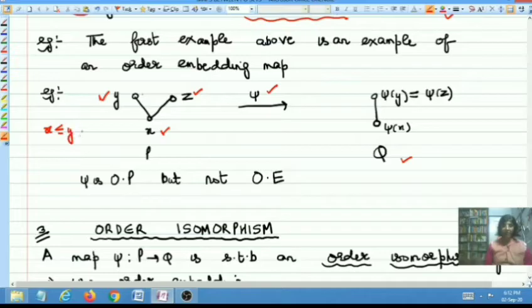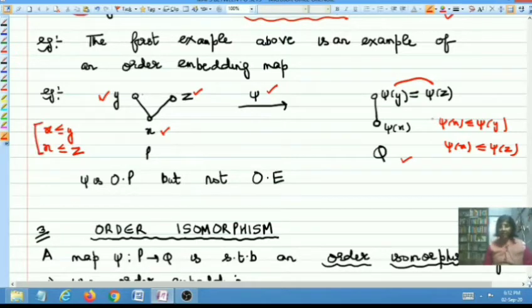X is related to y, and here psi x is related to psi y, because psi x is down and psi y is up. Also x is related to z, and here psi x is related to psi z, because psi y and psi z happen to be equal in this particular example in Q. So whenever these two conditions are holding, the images are also related, which means that the map is an order preserving map, because there is no other relation other than these two.